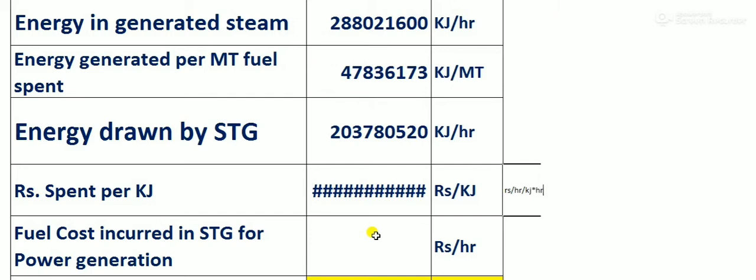Correct. So next, rupees per hour divided by the energy generated, this one, we get in rupees per kilojoule. So this is the rupees per kilojoule in the boiler. This much rupees per kilojoule we are spending.